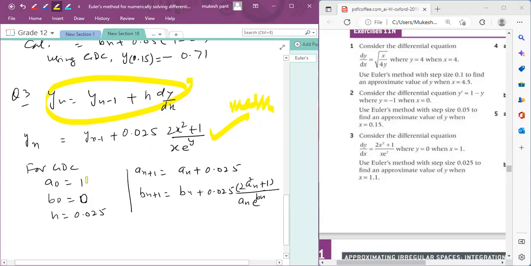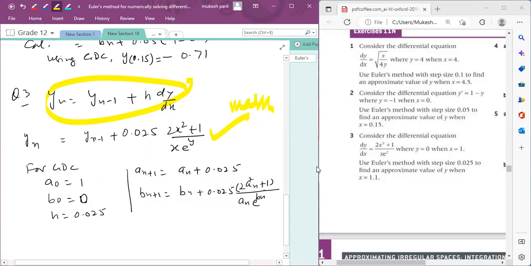In your calculator, a0 will be 1 because x equals 1 here, and b0 will be 0 because y is 0 here. The step size is 0.025. For an plus 1 you write an plus step size, and for bn plus 1 you write bn plus the step size times the derivative.